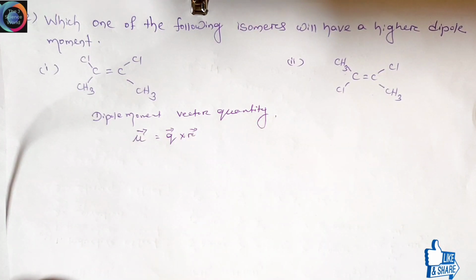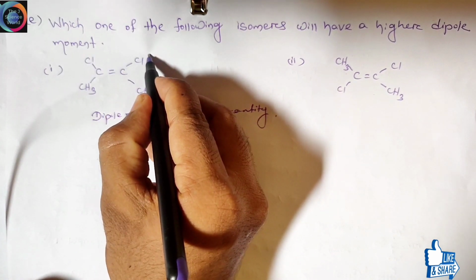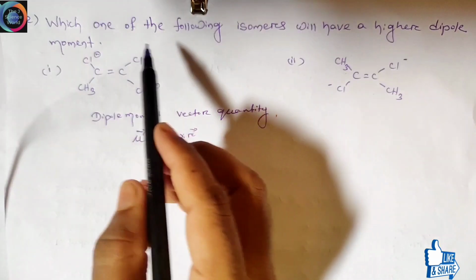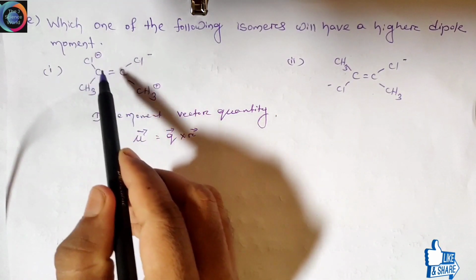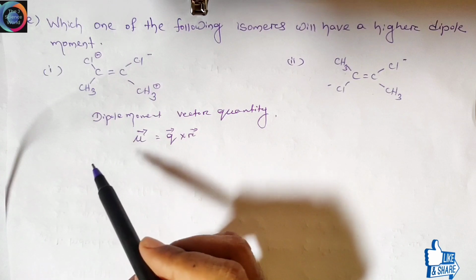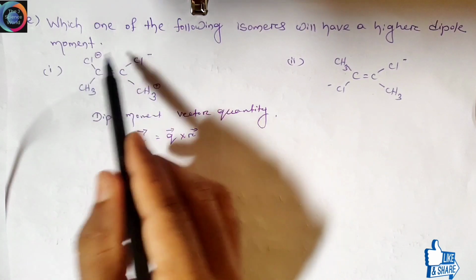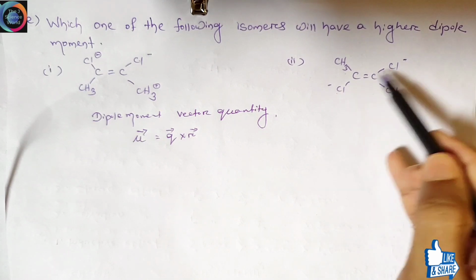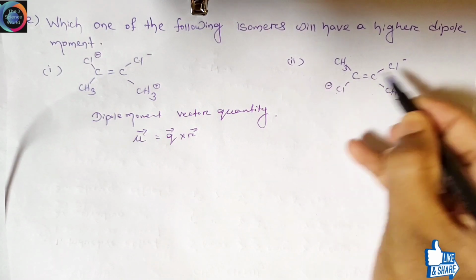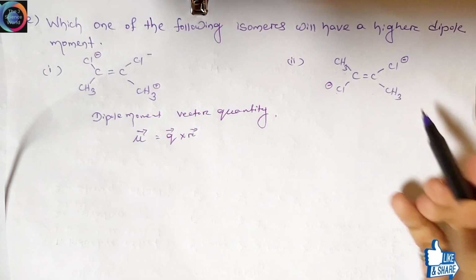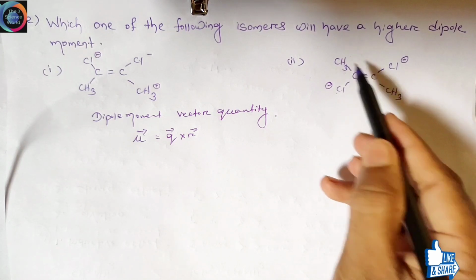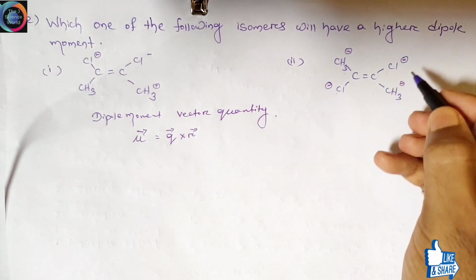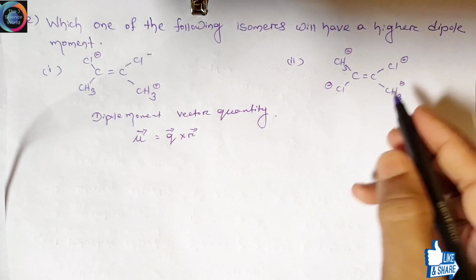You clearly see this is our chlorine group and this is our methyl group. This chlorine atom is present on the same side of the carbon-carbon double bond, so this compound has some dipole moment. But in this case, the chlorine atoms are on opposite sides of the carbon-carbon double bond, and the methyl groups are also on opposite sides. So the resultant charges cancel each other, so the dipole moment is 0.